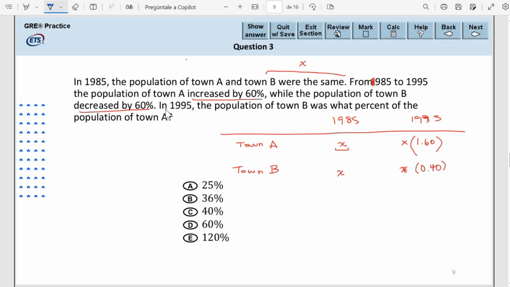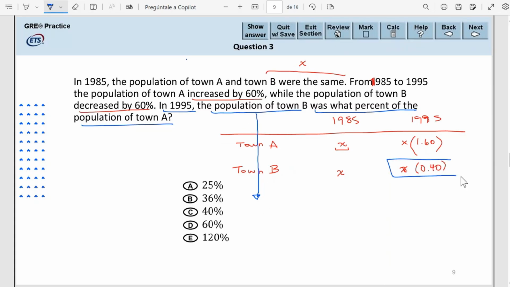This part. In 1995, the population of town B was what percent of the population of town A? So let's do this in parts. The population of town B, let's take it down here, was what?